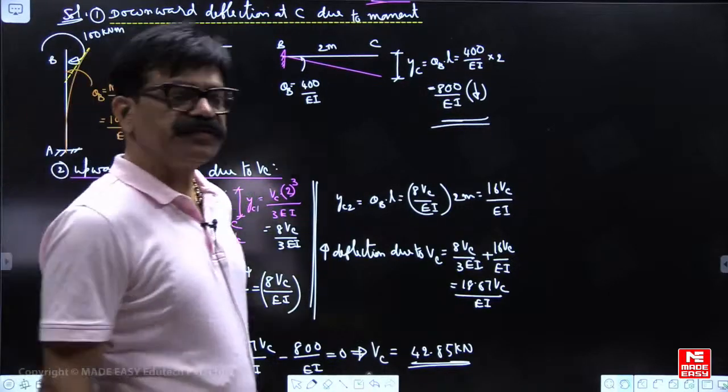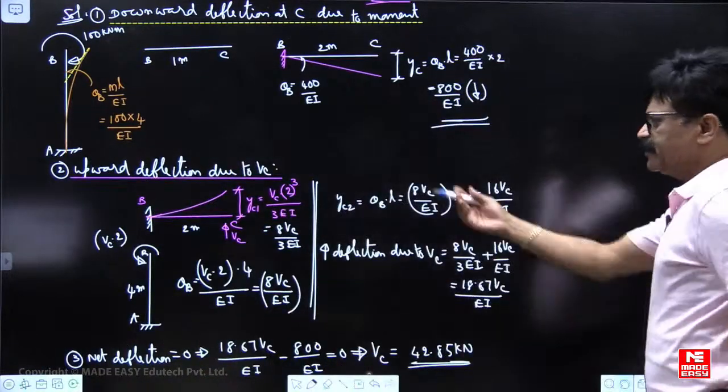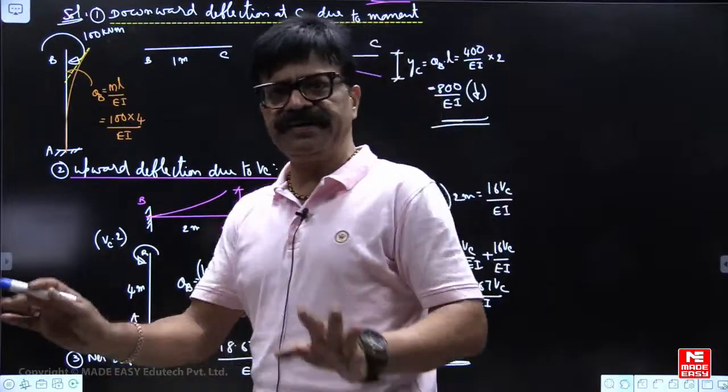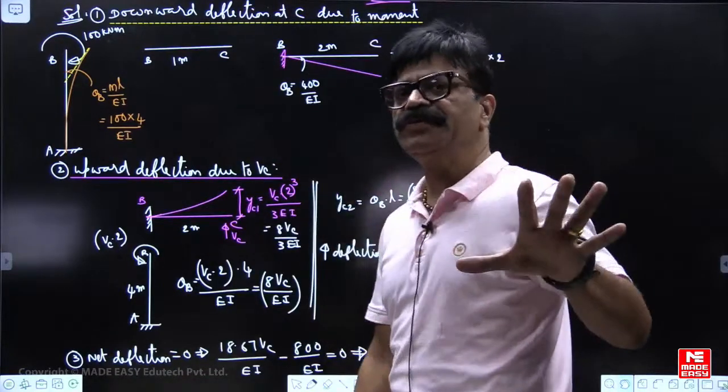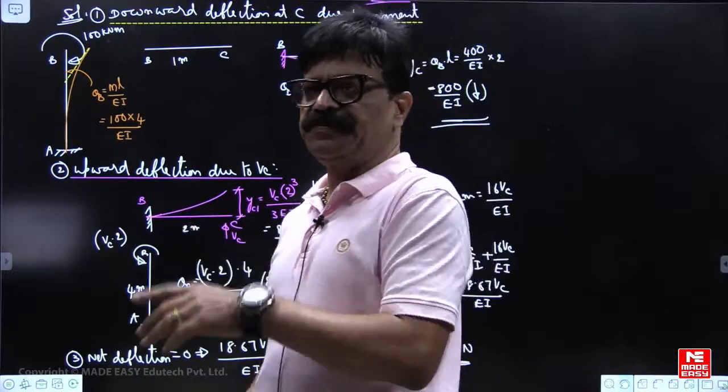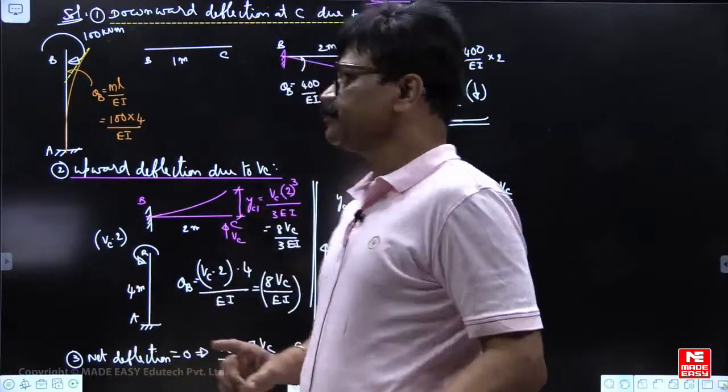So we can move on to the next problem. This your calculation thing, you will manage that. I just want to tell you in this problem what we should not do.